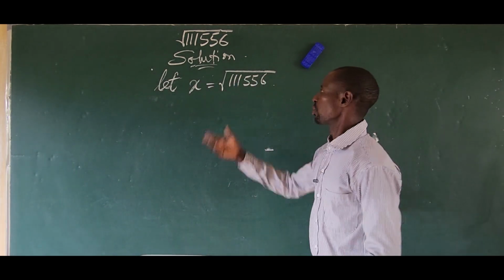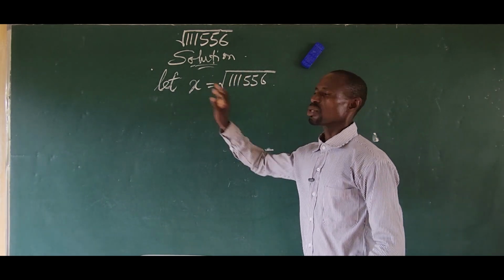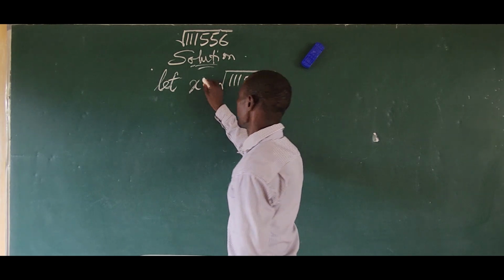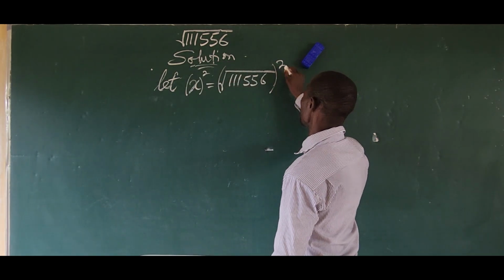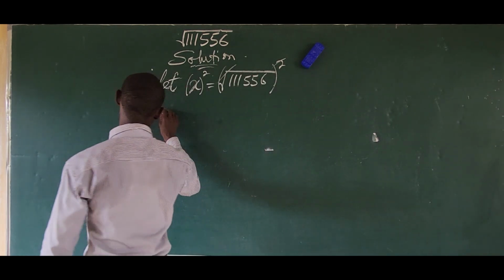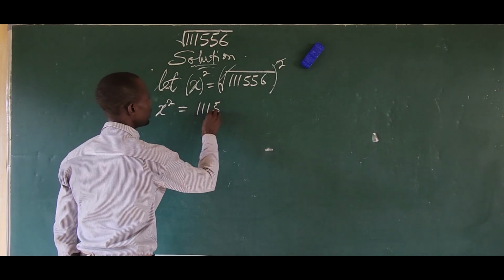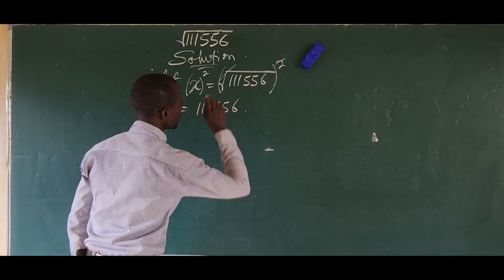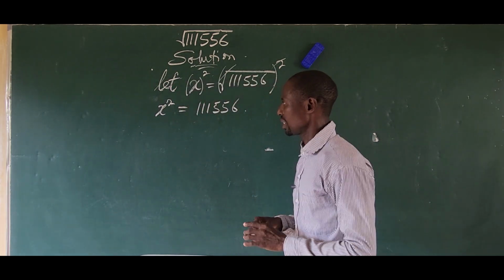To remove this radical sign, we have to square both sides of the equation. So this power goes with this radical, and we're going to have x squared equal to 111,556.